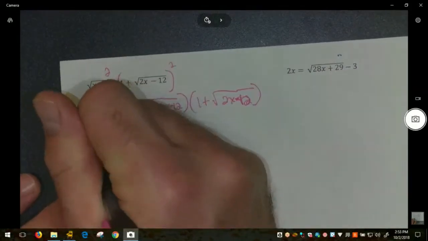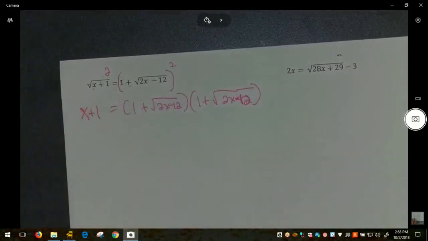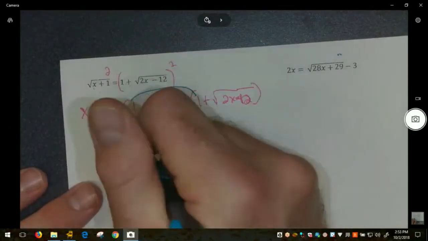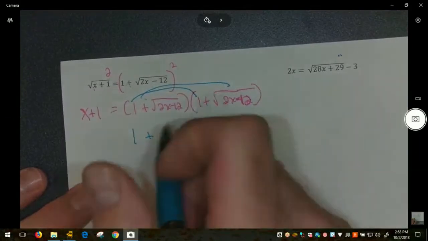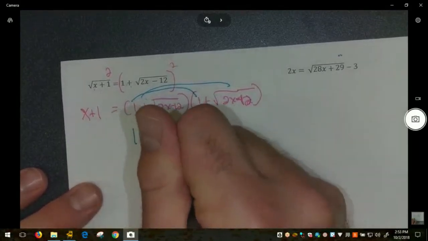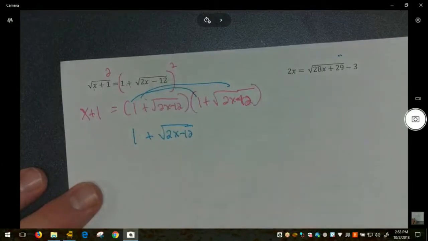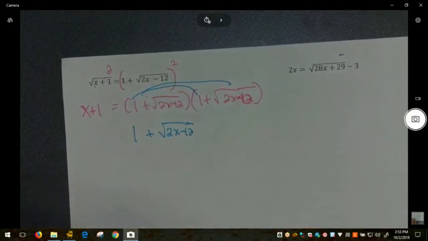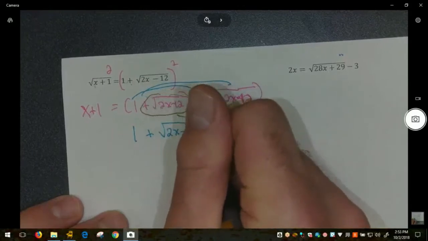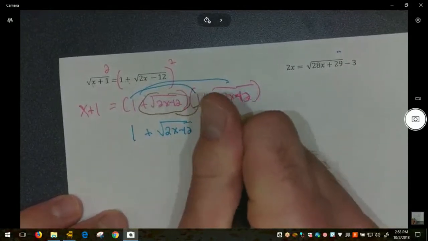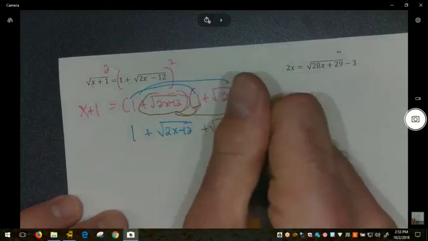The left-hand side is easy, that's just x plus 1. Now when I do this, I now have to distribute, so I have 1 plus 1 times that is just 1 of the square root of 2x minus 12. Then I'm going to distribute the positive square root of 2x minus 12 to the 1 and to itself.